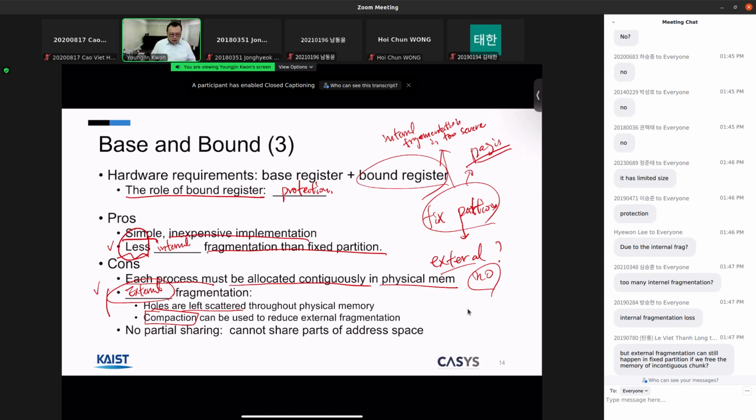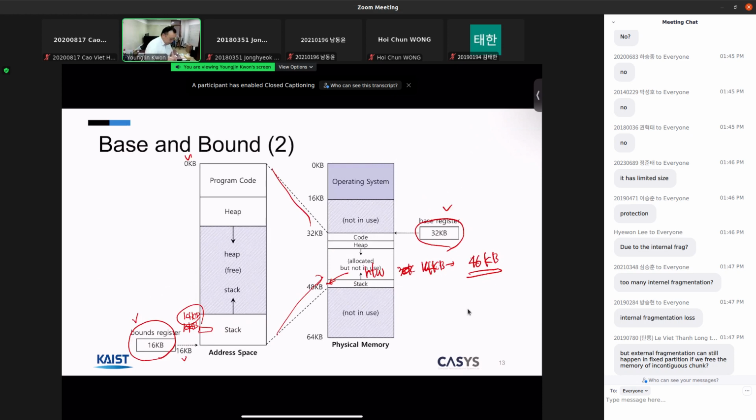So use it. Now let's talk about sharing, partial sharing. For sharing an address space, two virtual address spaces have to map the same physical memory. But in the case of base and bound, there's no partial sharing. This is the base and bound of process one.